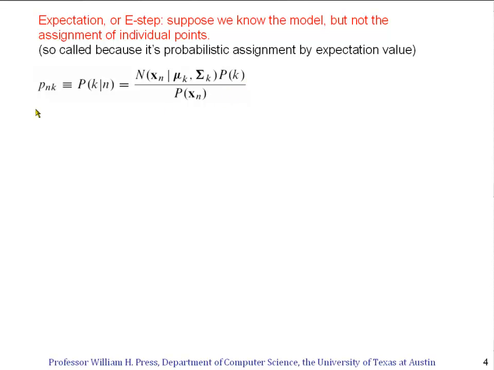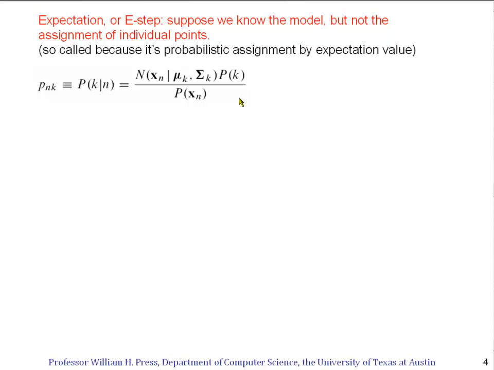Then we know enough to calculate for each point, little n, its probability of lying in component k. And that probability is simply the normal distribution evaluated at that point's position, times the weight of component k, and then it's a Bayesian denominator down here.